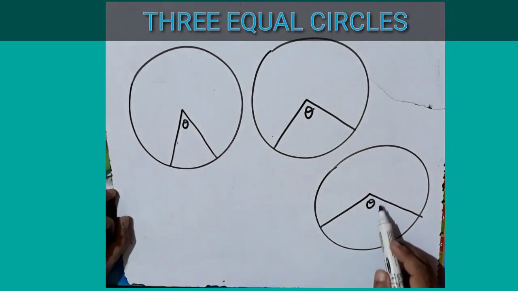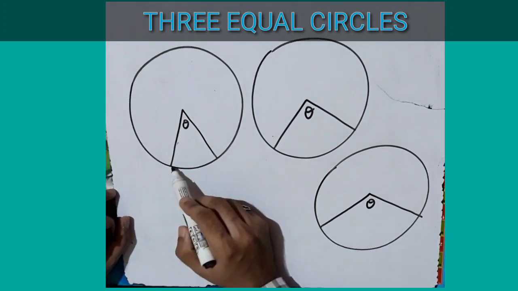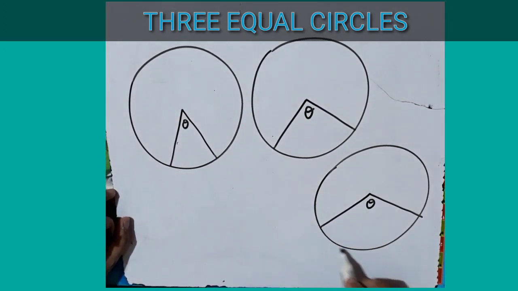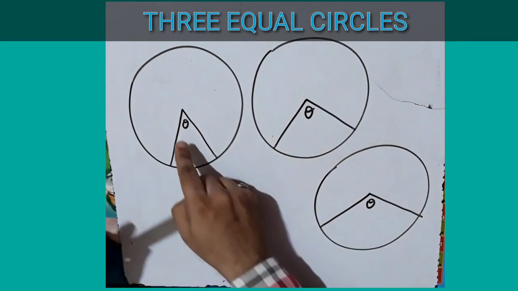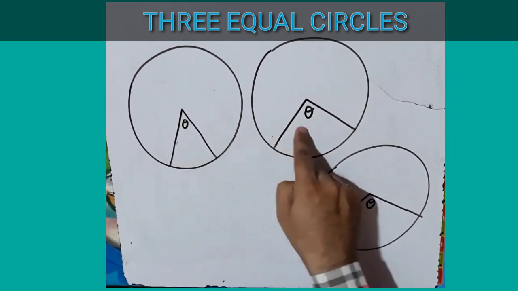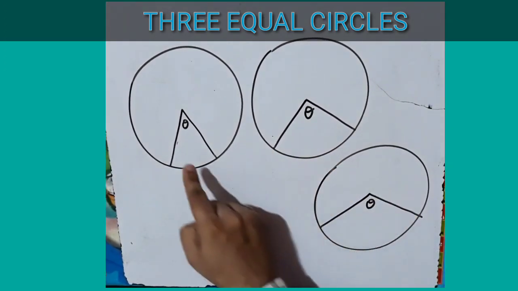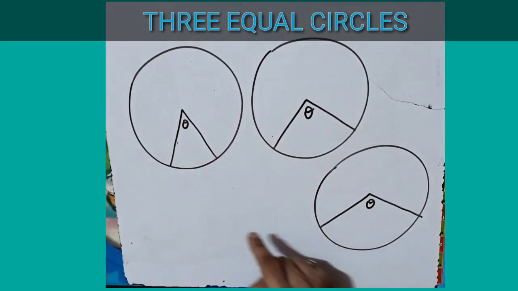In this figure, the sector is the biggest. In this figure, the length of the arc is smallest, and in this figure, the length of the arc is biggest. These three are equal circles. So depending upon the central angle, the length of the arc varies and the area of the sector also varies.